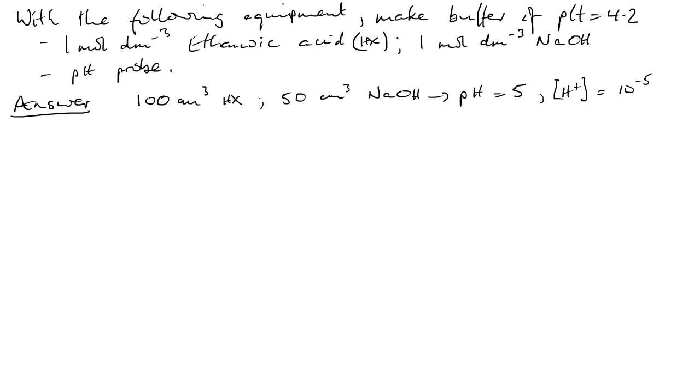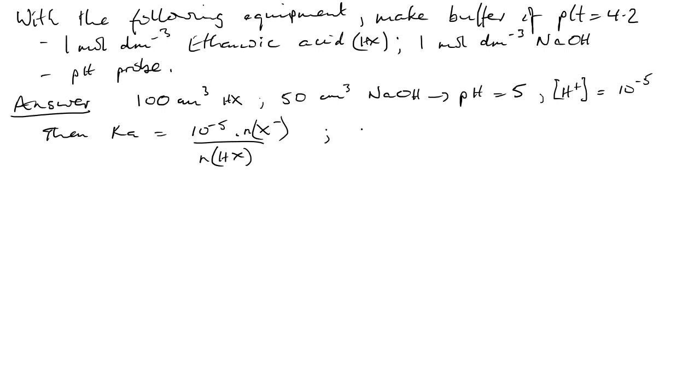Then we can write out the expression of Ka: the hydrogen ion concentration times X minus over HX. Normally this would be concentration in a normal equilibrium equation, but because it's buffers and the volumes cancel out, we can call them moles. Concentrations being moles over volume cancelling, so this is all fine.